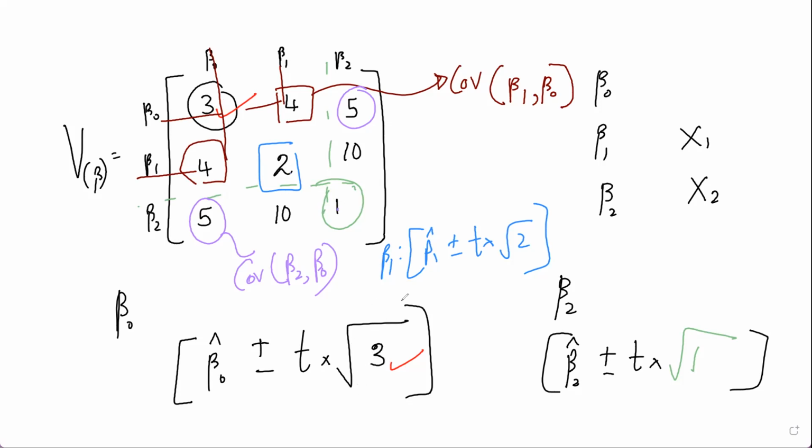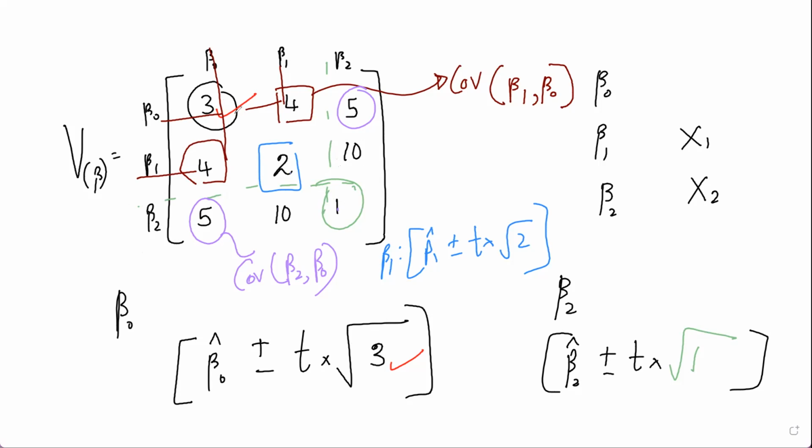Variance is always positive. But when it comes to covariances, it could be negative. That is why we usually do not write the square root of this matrix, because sometimes you can get negative covariances. So they are not defined. We are not talking about complex numbers here.